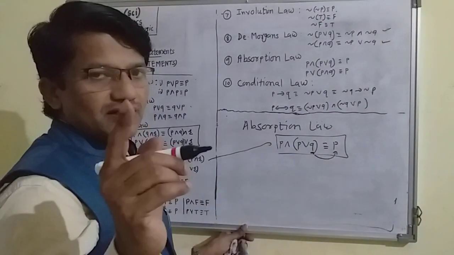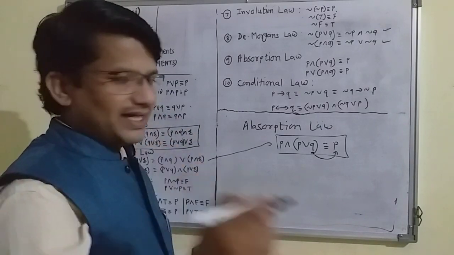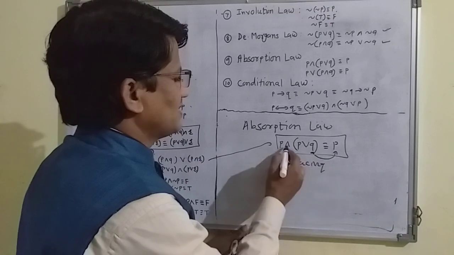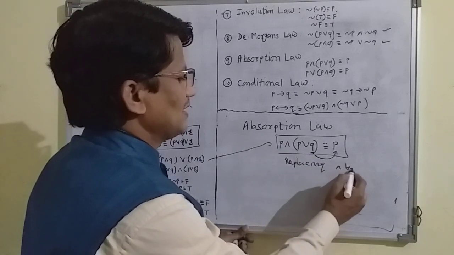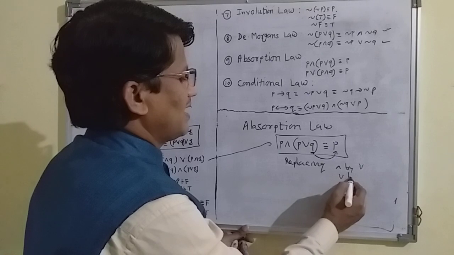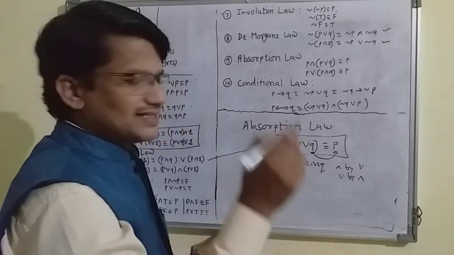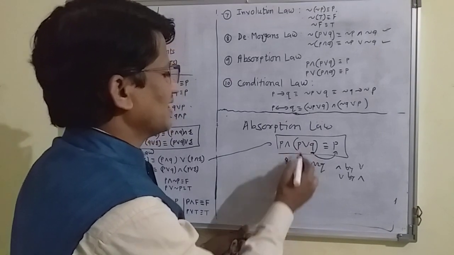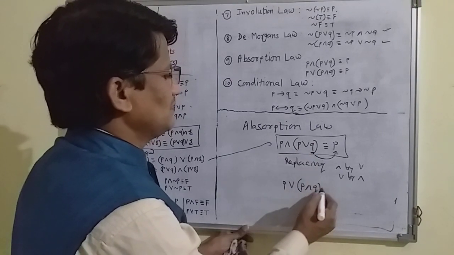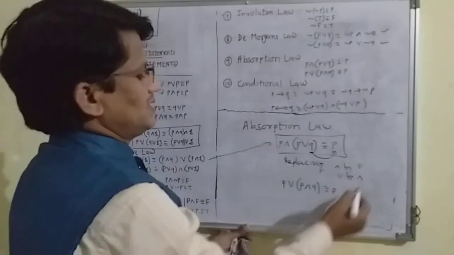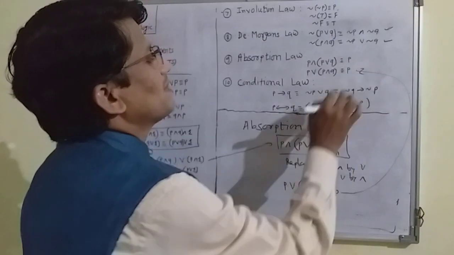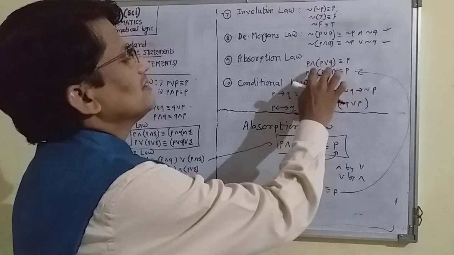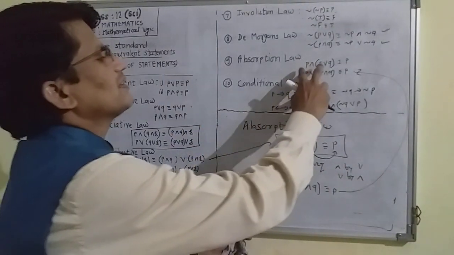Dual means replacing and by or, or by and, with no change in the rest. Here again P or with Q, the result is P, which is given in the second part. The second statement is obtained just by using the dual concept on this.